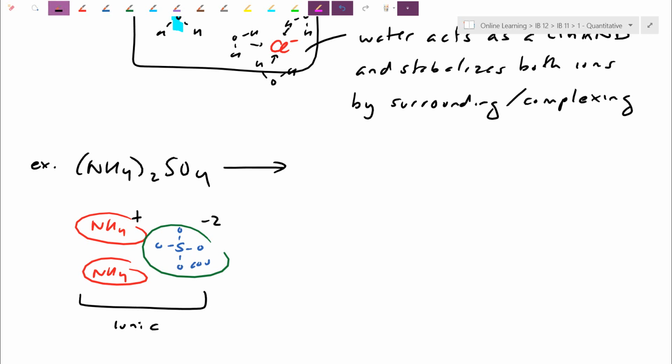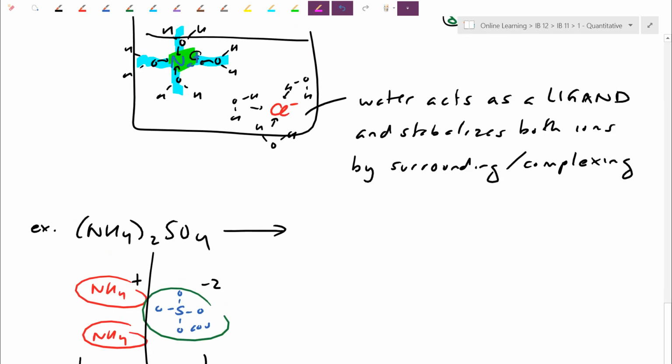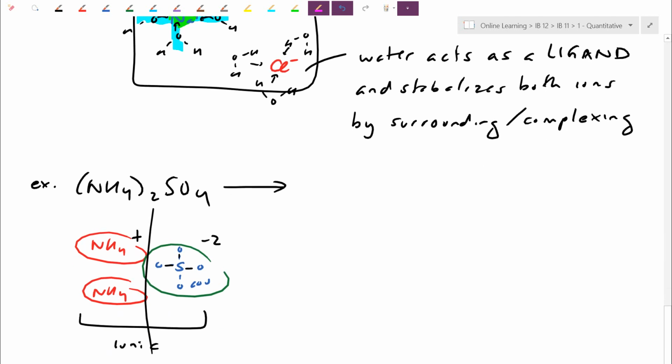We said water has no trouble breaking apart the cations and anions because the leftover charges water can stabilize. Water is not strong enough to actually break up the polyatomic, break up these bonds. So as a general rule, polyatomic ions stay together during a dissociation reaction. The ions that we get, usually we'll get one thing positive, one thing negative.